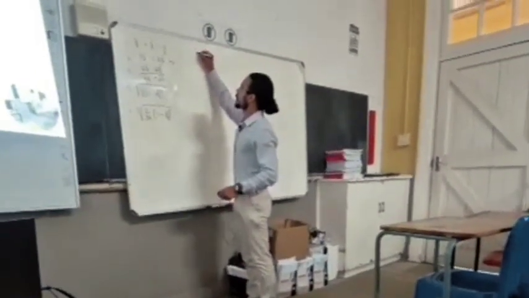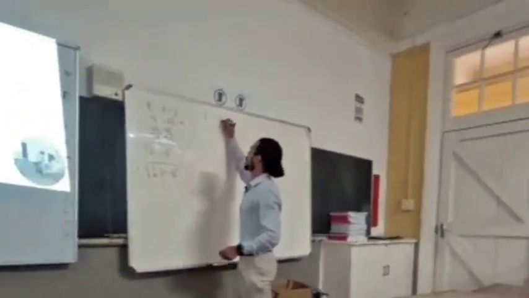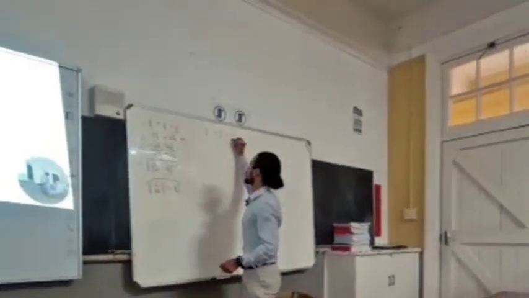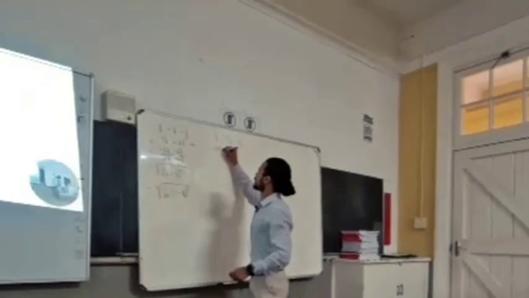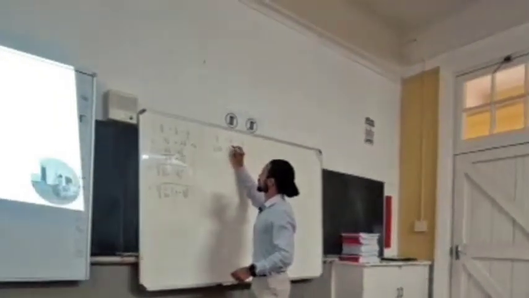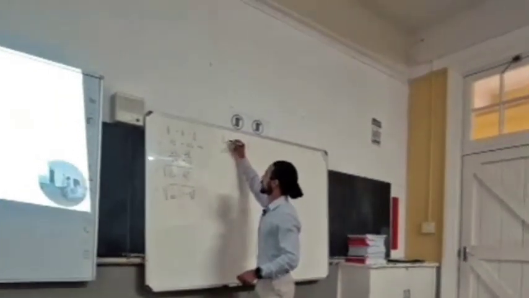So there we have 3 over 4 plus 1 over 8 and minus 1 over 2. Now my LCD here is 8, so I need to make sure all of these denominators are 8.